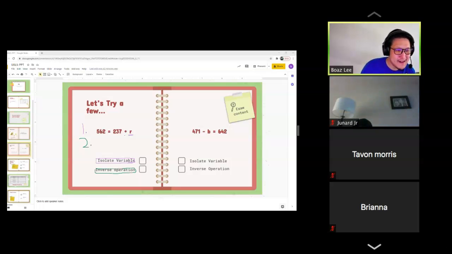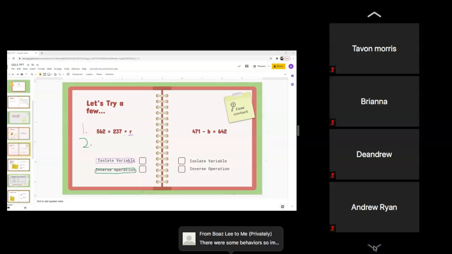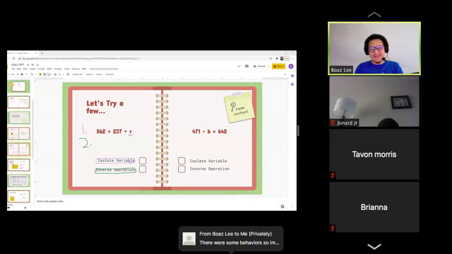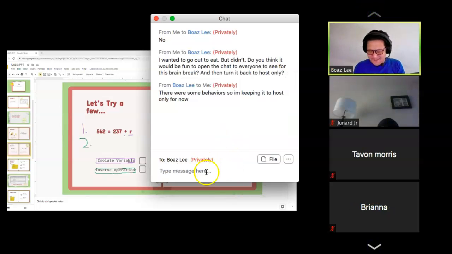Shen would have loved to go out and eat. Ooh, all right. Janard wants to go to Hollywood? Me too. All right, cool. So that was just kind of our little refresher to kind of get us in the right space.